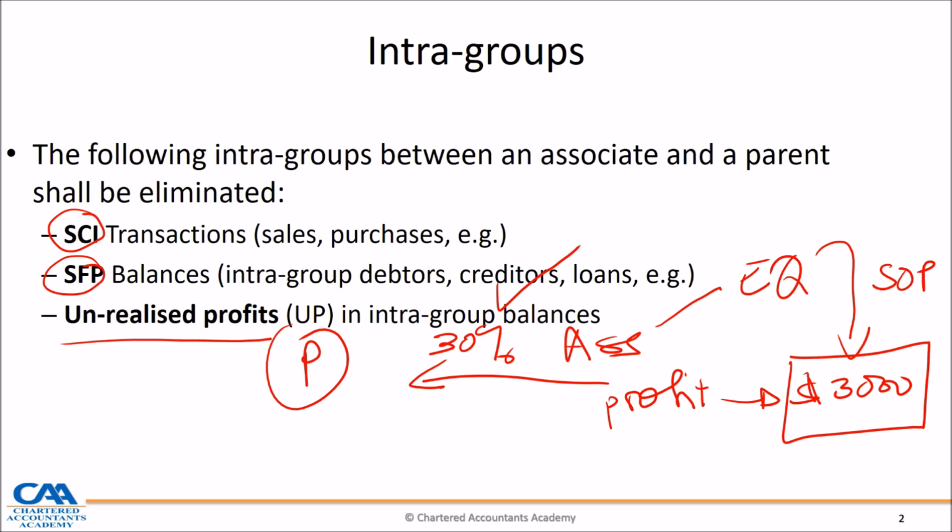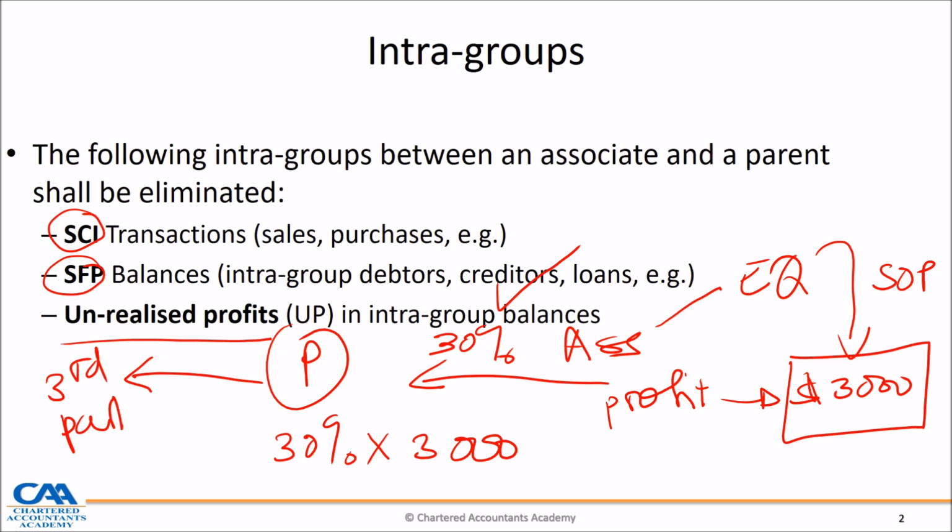But when they check the share of profit of this 3,000, has it really been earned? When P looks at this, the transaction was between P and S, which means P is going to take 30% of the 3,000. But this 30% of the 3,000, part of the transaction was with themselves, which means it has not been realized until P sells this to a third party.